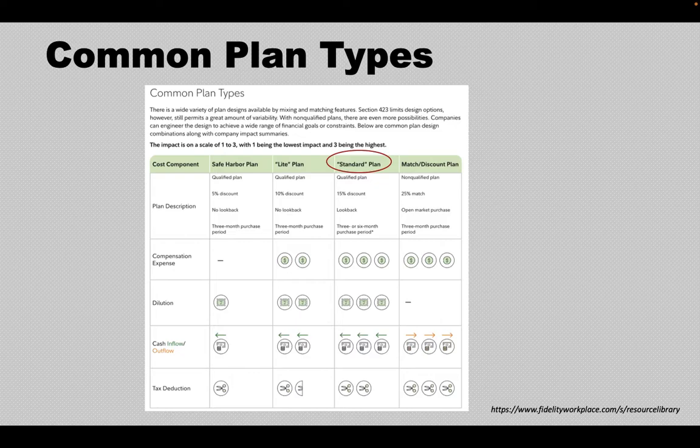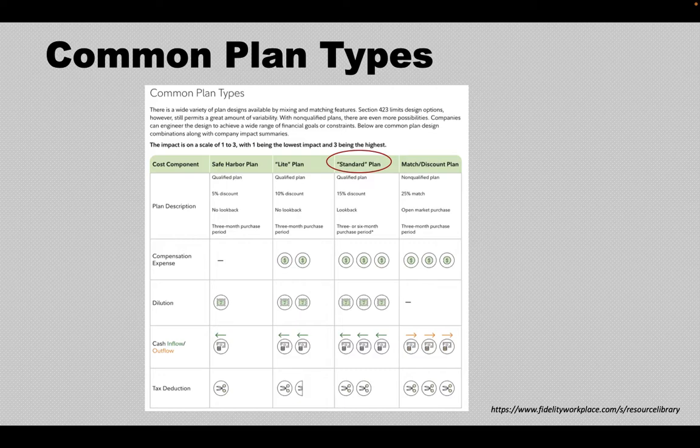So this is a standard plan. You can see 4 of them. The first 3 are qualified, basically meeting the tax requirement, and the last one is non-qualified, so there's no tax favorable treatment. So just keep in mind, no matter who you are, if you're interested in this ESPP, there are many types out there.